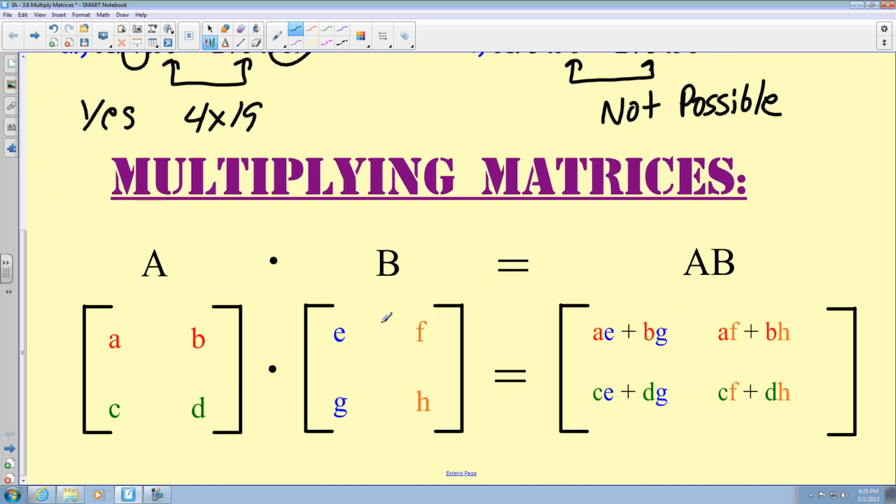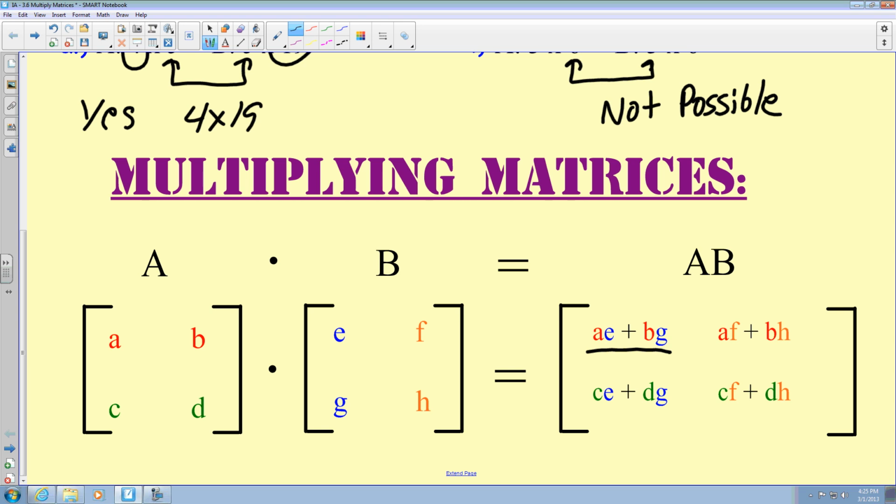Here's a general format for looking at matrices and being able to find the products of them. Here's the best way that I can explain this. That slot right here is considered row 1, column 1.